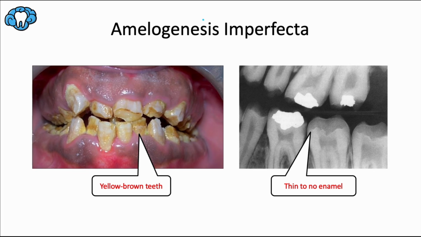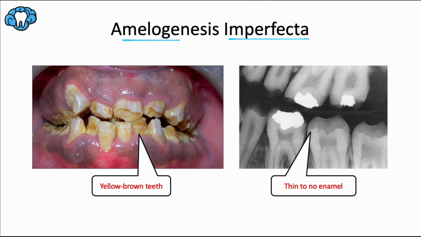Amelogenesis imperfecta. Amelogenesis is the process where a protein-rich matrix is laid down and then later replaced by hydroxyapatite crystals, and this results in the highly mineralized enamel that we're used to seeing. Amelogenesis imperfecta is when that process goes imperfectly, so to speak.